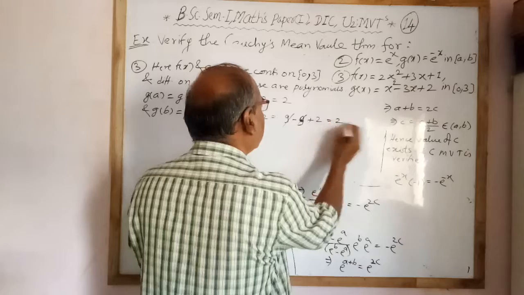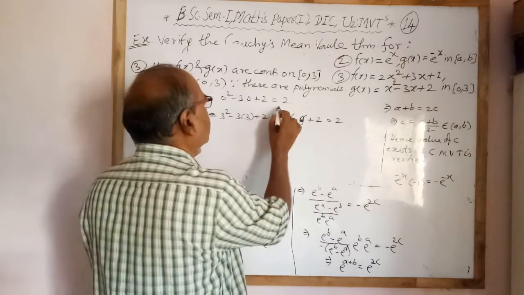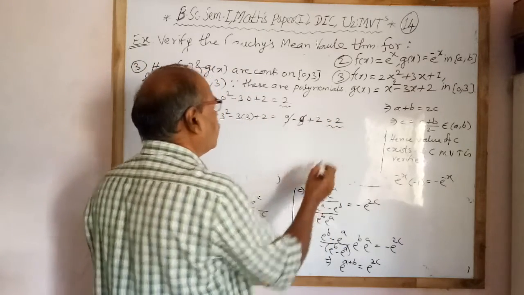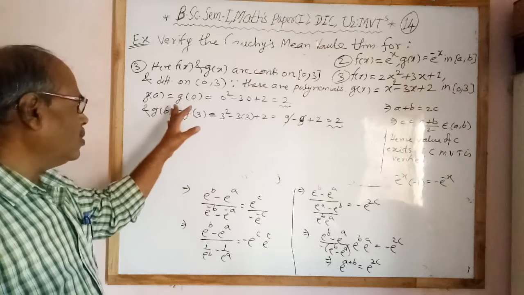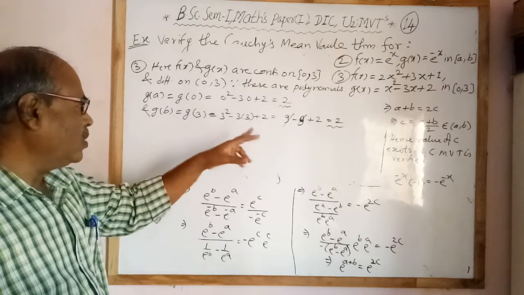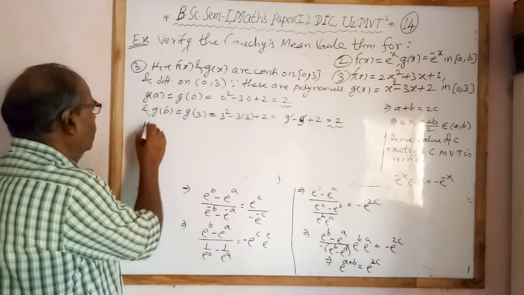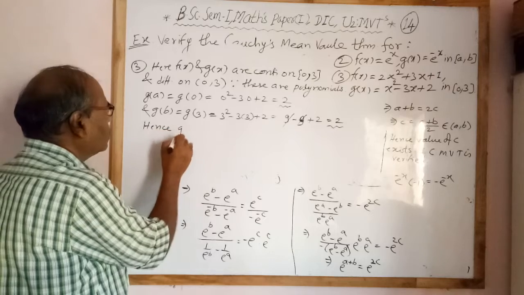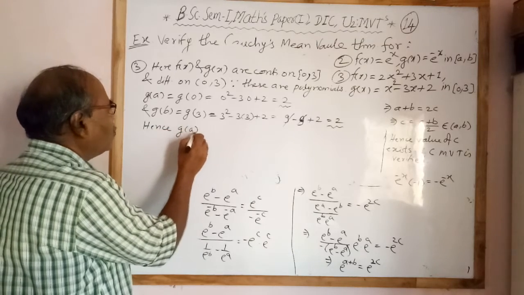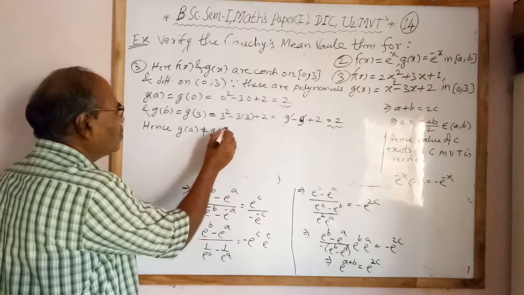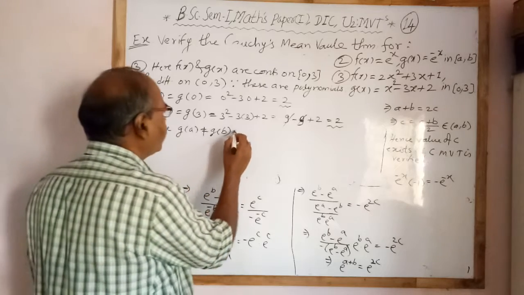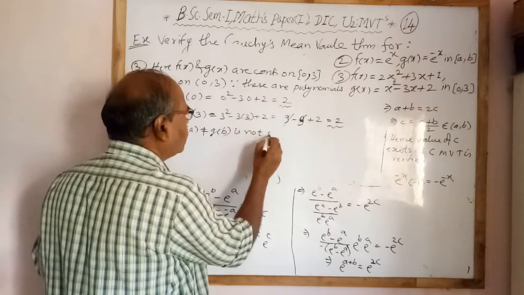Therefore 9 will cancel, we get 2. Therefore the value of g of a equal to 2, value of g of b equal to 2. Therefore the third condition, g of a not equal to g of b, is not satisfied.